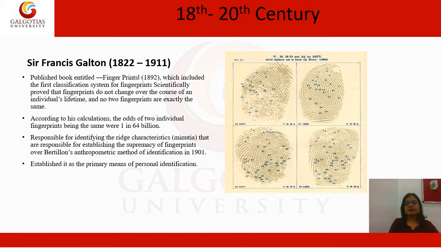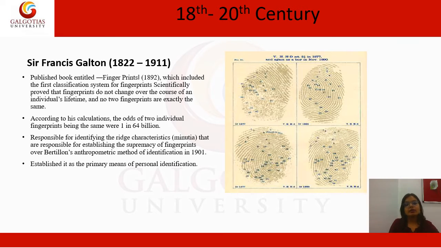Sir Francis Galton, one of the important pioneers in the fingerprint field, published a book entitled Fingerprints in 1892, in which he included the first classification system for fingerprints. He scientifically proved that fingerprints do not change over the course of an individual's lifetime, and that no two fingerprints are exactly the same.